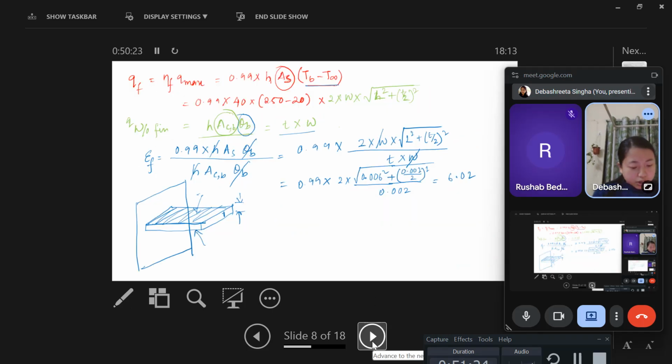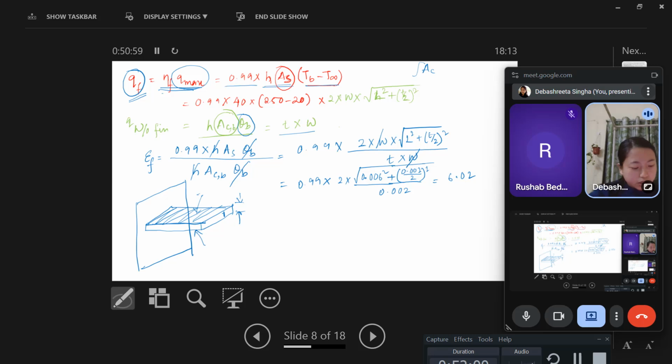Then you can directly use QF also, but instead of directly finding QF, we have formulated it in terms of eta F and Q max, because eta F, the efficiency, is given, and Q max is constant. But in QF, you will get a term AC, the cross sectional area, which is not constant, so you would need to integrate to find QF.